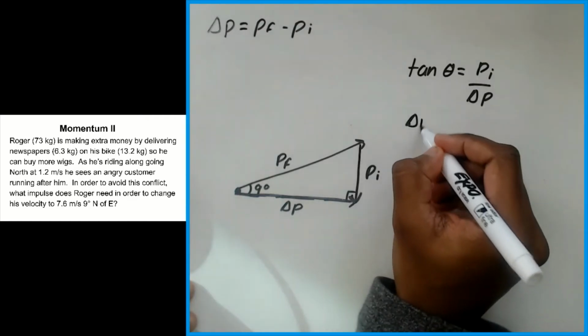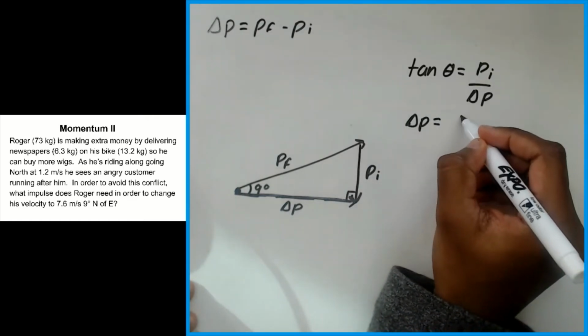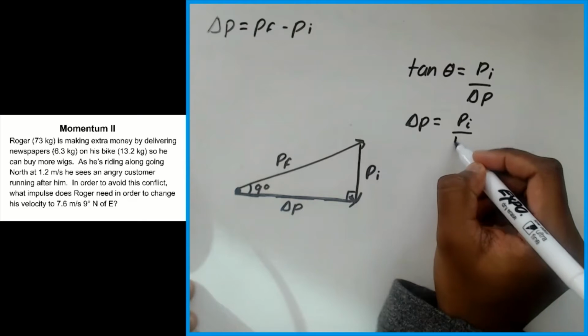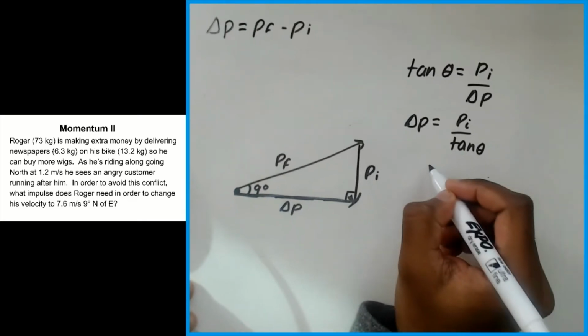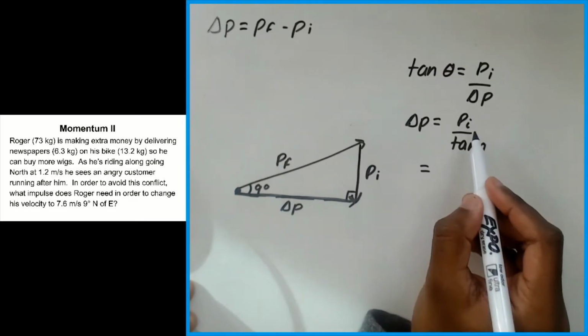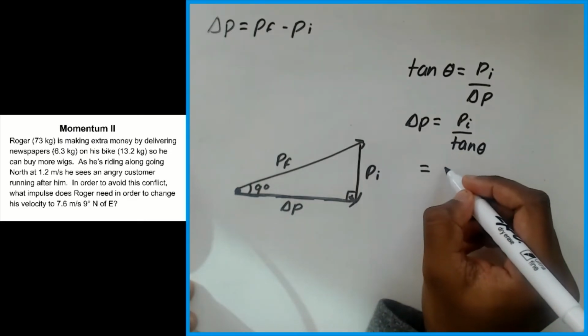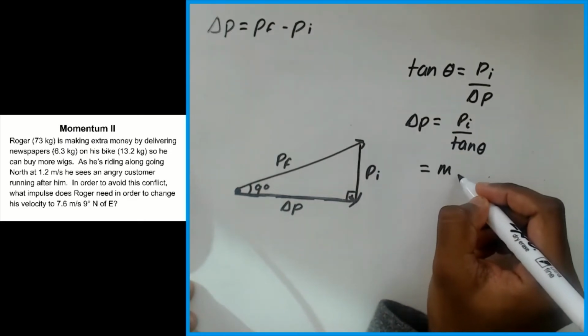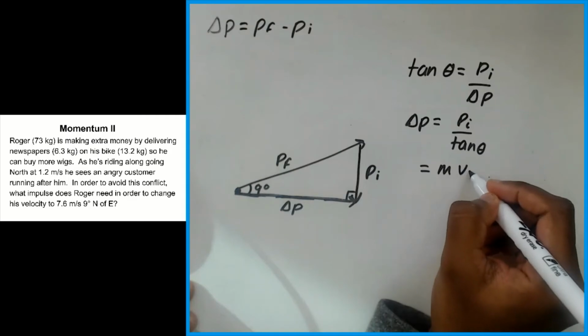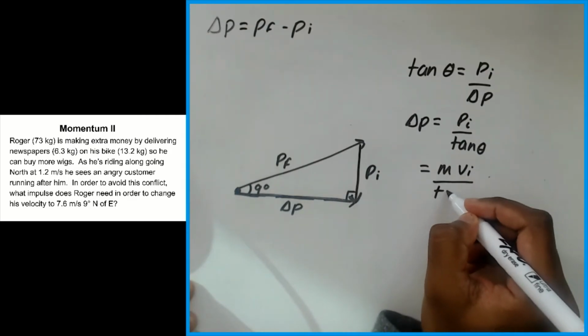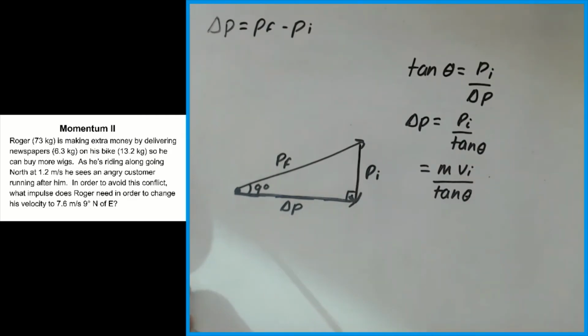So that will be change in P is equal to PI all over tan theta. And PI is equal to the total mass times the initial velocity over tan theta. So now we just have to go ahead and plug in the values.